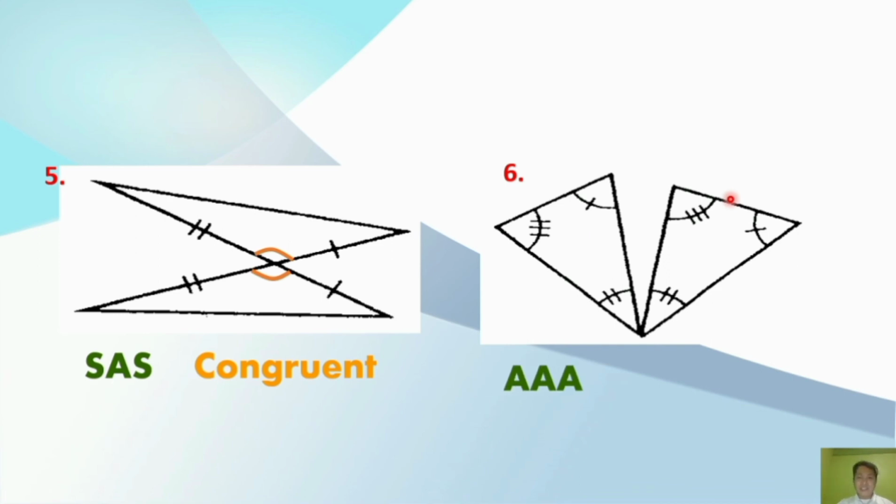But the question is, is there such an AAA triangle congruence postulate? There is none. So therefore, this is not enough information for us to be able to conclude that the two triangles are congruent. We cannot tell whether the two triangles are congruent or not because we don't have such AAA congruence postulate.